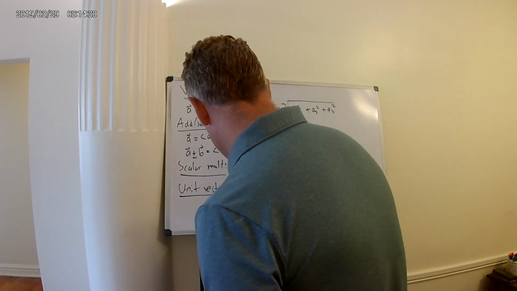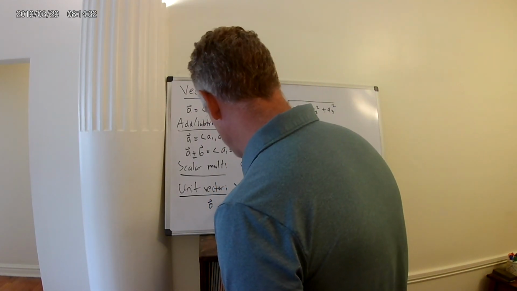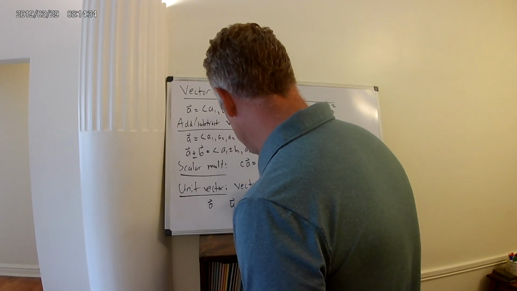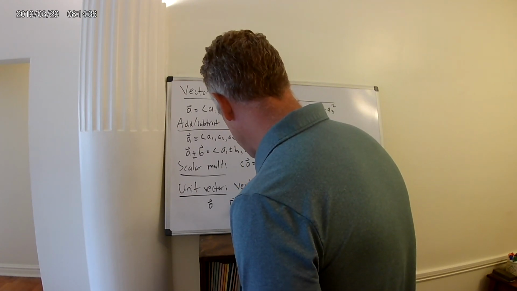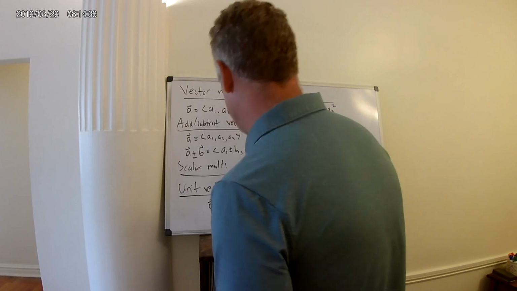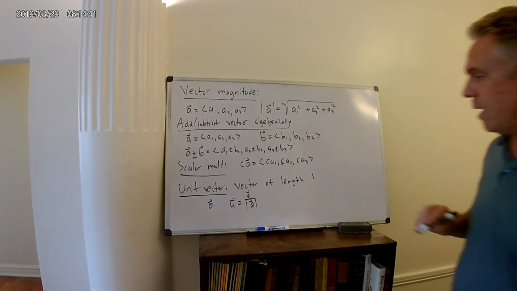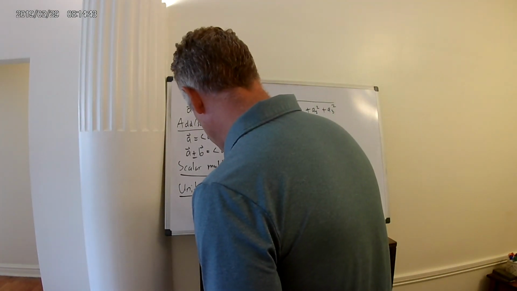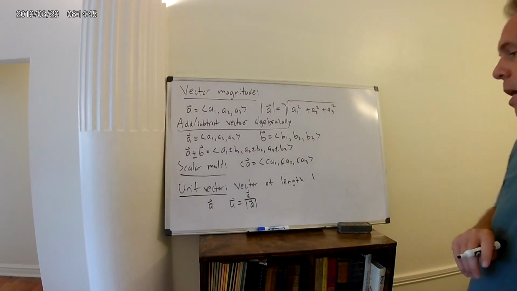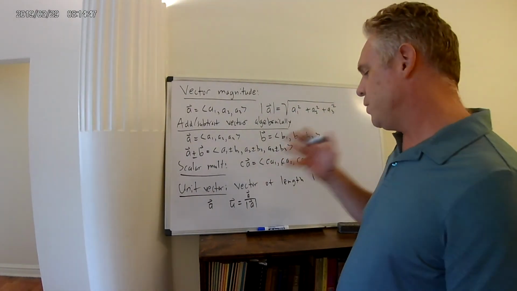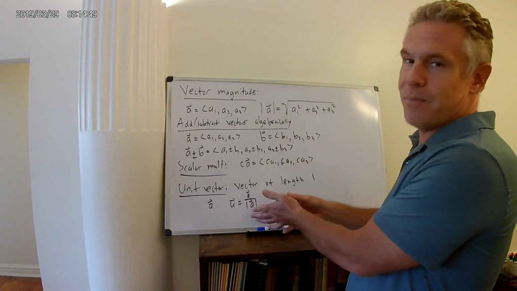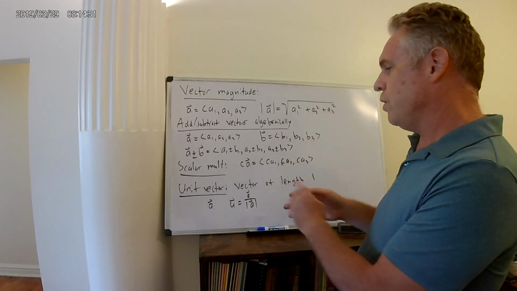Well, the unit vector is represented with u here. And the way we do this is we take vector A and we divide by the magnitude of vector A. And that will give us a unit vector, okay? So the unit vector here is pointing in the same direction as A, but its magnitude is 1 because we're dividing out the magnitude of A. So that's what a unit vector is.